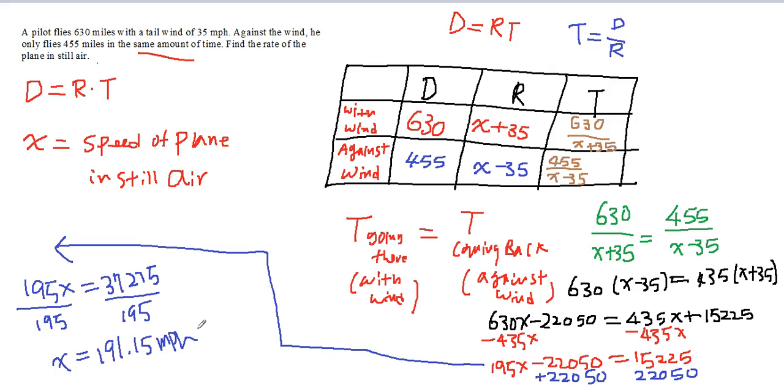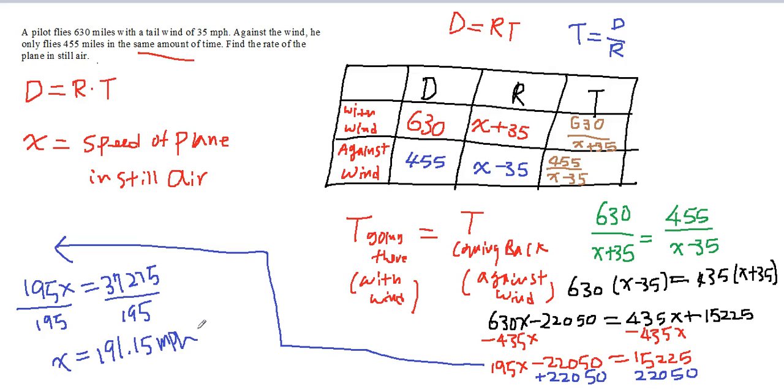Now this makes sense, because that's going to be the plane speed in still air. Let me just make sure that I did this correctly. 630 times 35, I got 2212. Oh, I made a mistake here.